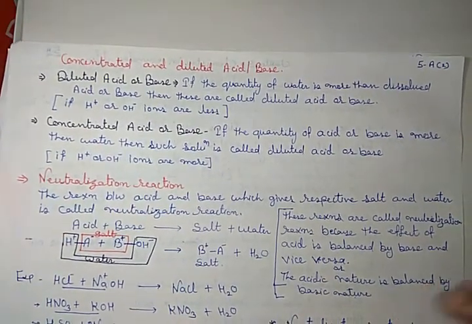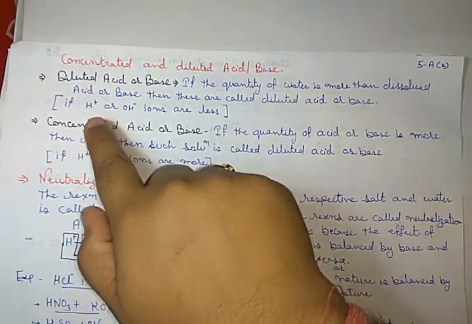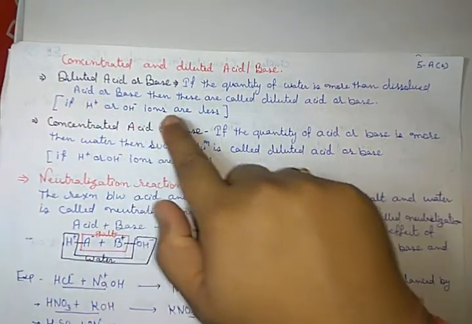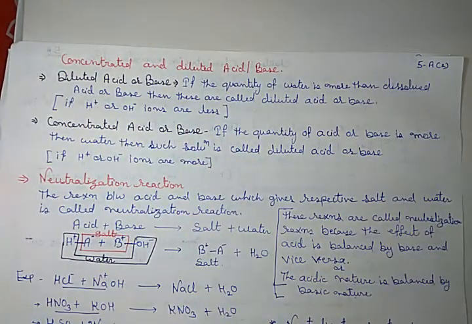So in simple terms, if the solvent is more, then definitely the H+ ions and OH- ions will be less. So we can also say that if H+ and OH- ions are less, then such acid or base are known as diluted acid or base.